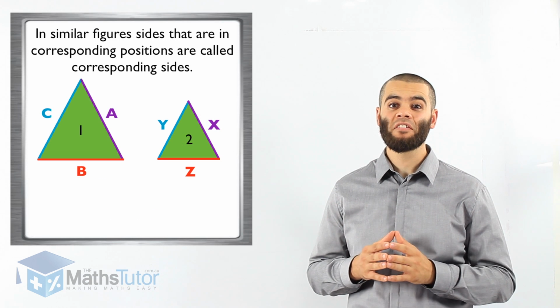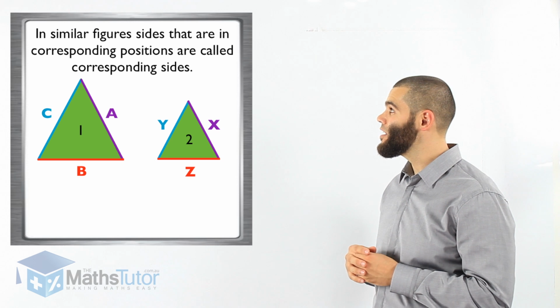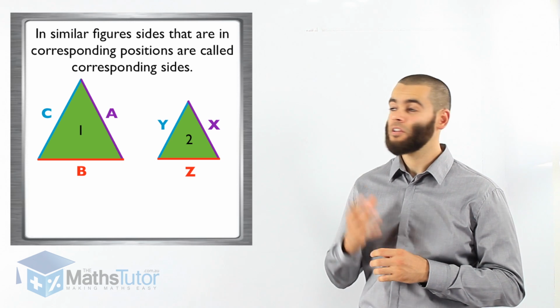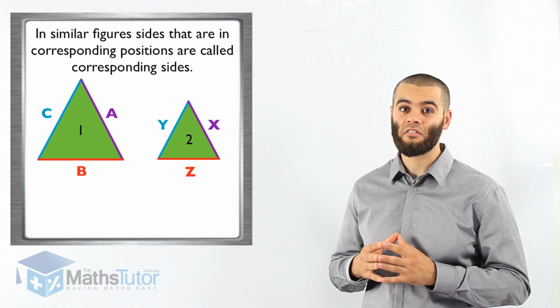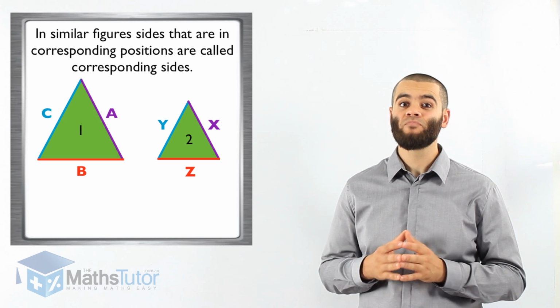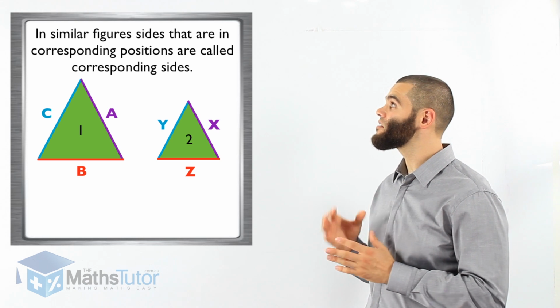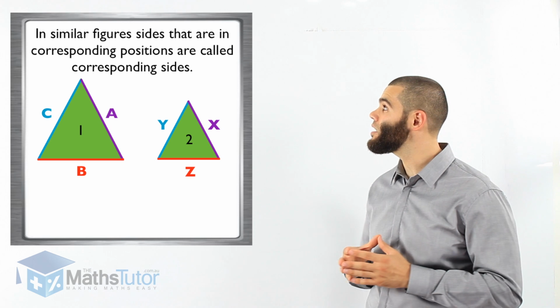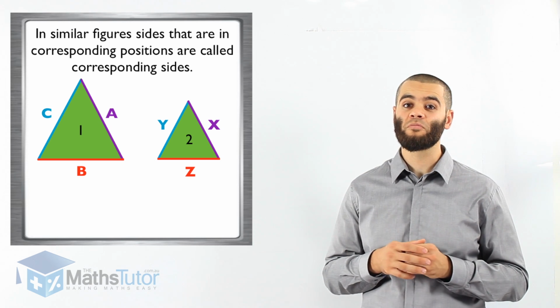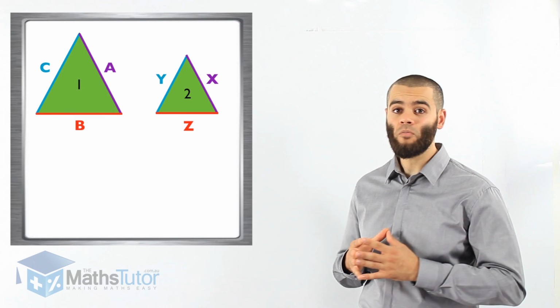In similar figures, sides also have relationships as well. We can see here that we have two triangles. The triangles are similar figures. One is just larger than the other. They have the same shape but just different size. We can see in similar figures, sides that are in corresponding positions are called corresponding sides. So C is a side marked in blue.